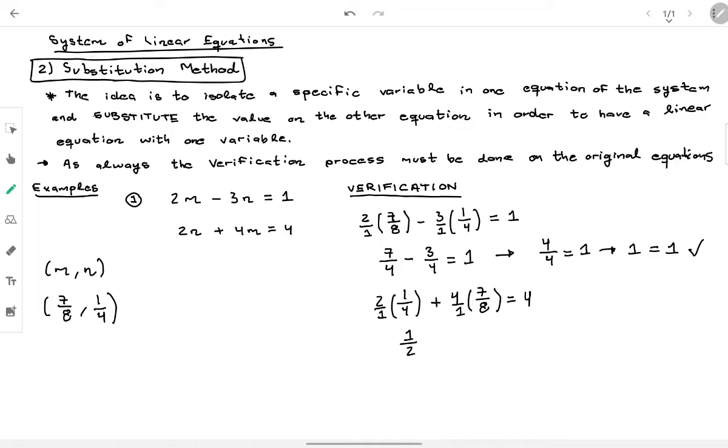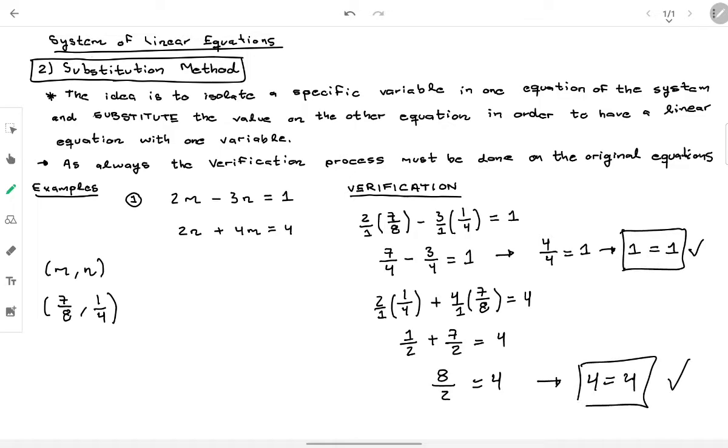We can also simplify 4 and 8, and it's going to be plus 7/2 equals 4. It's going to be 8/2 equals 4. Then we will have 4 equals 4. We have verified our answer on the two original equations. So we have done specifically the verification process for this first exercise. Let's see another exercise.